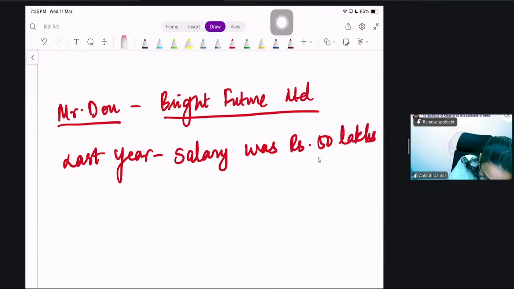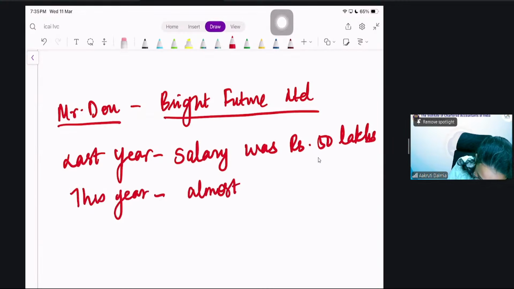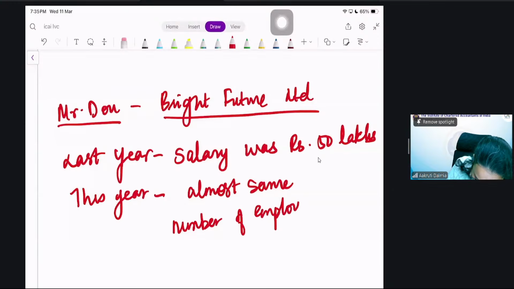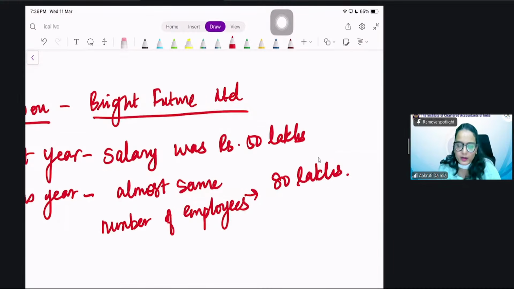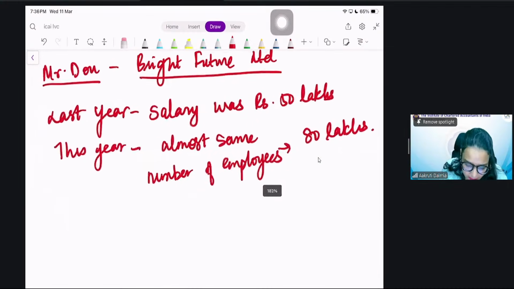This year, with almost the same number of employees, the salary has become 80 lakhs.